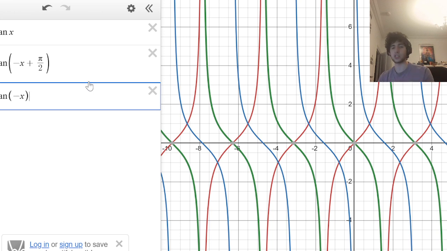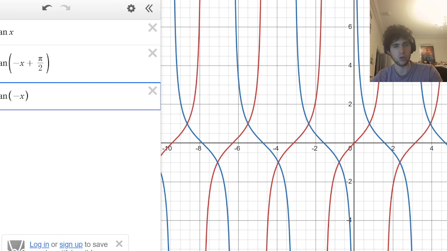And these are transformations that you should be familiar with from GCSE. So if I just look at tan of minus x plus pi over 2, that just represents my tan x reflected and then shifted. And what happens then if I graph my cotangent of x? You can see that that is actually the exact same as my tan x reflected and shifted.